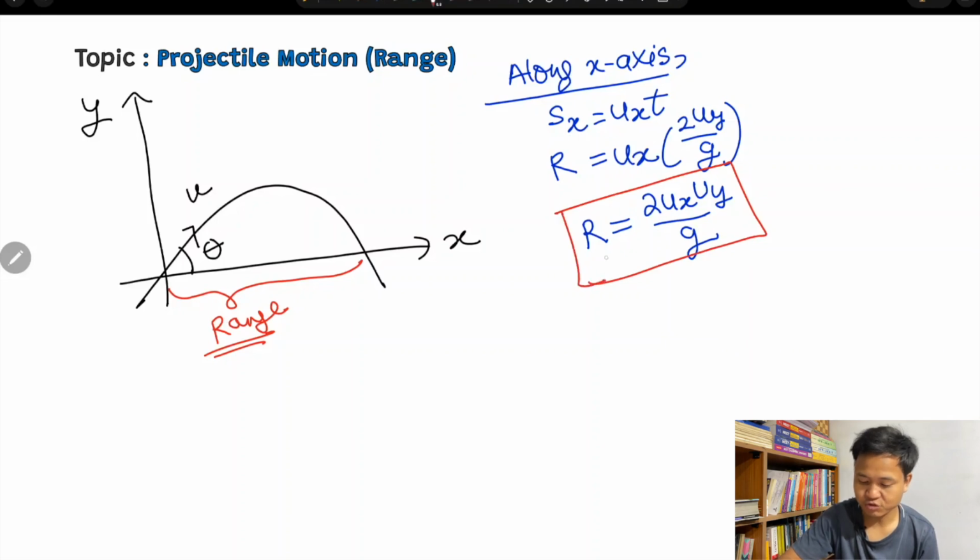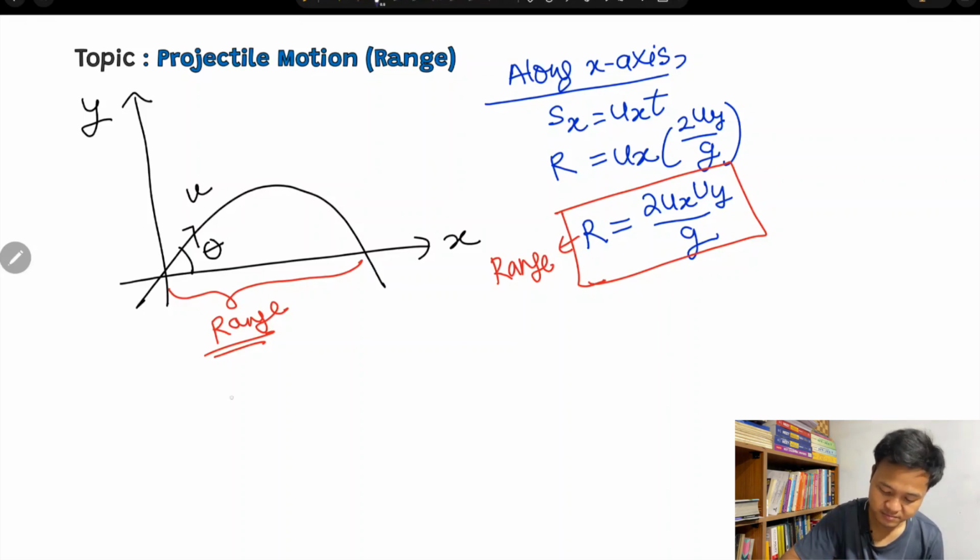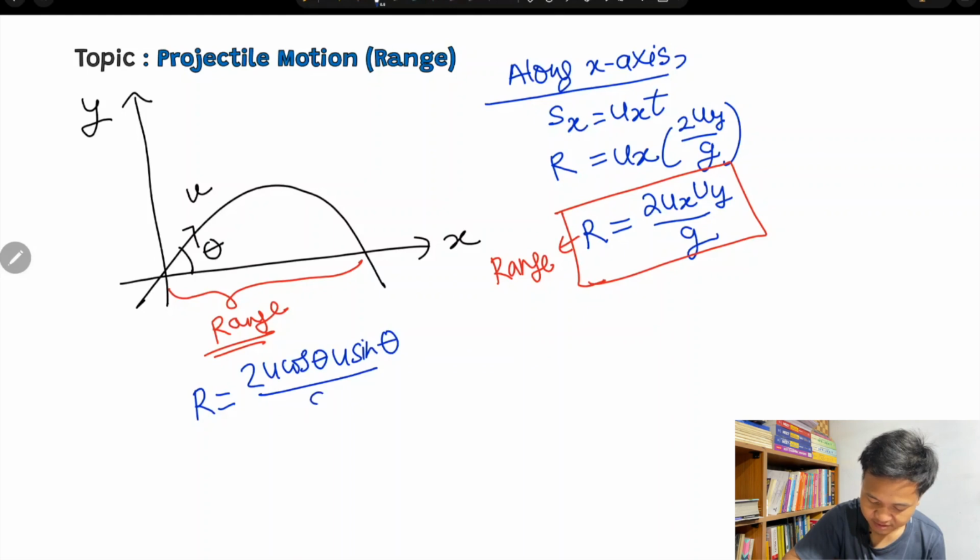So range is equal to 2 ux uy by g. Now ux is u cos theta and uy is u sin theta, so putting those values, we get 2 into u cos theta into u sin theta divided by g.